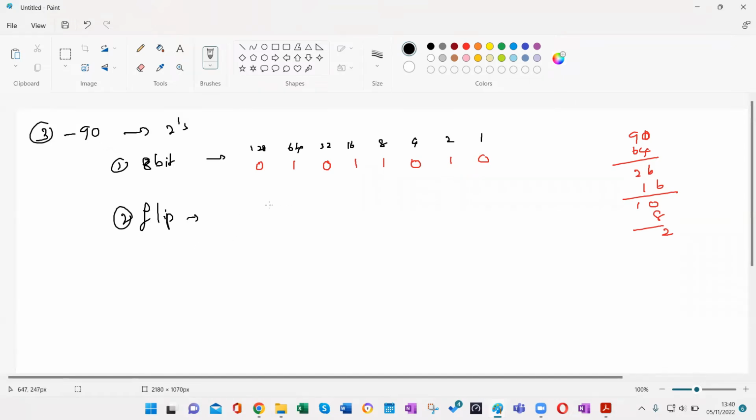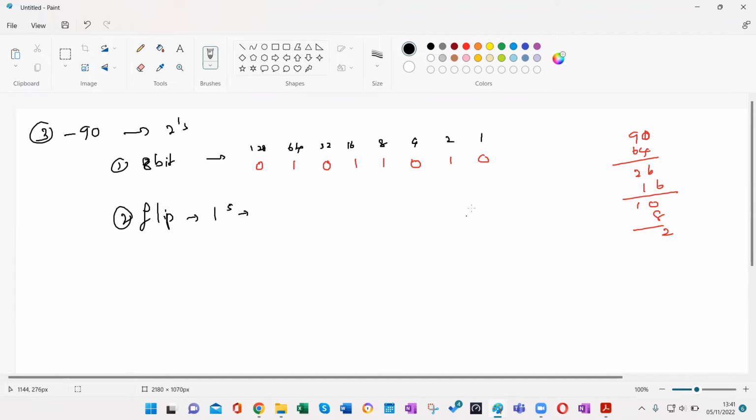After flipping the bits, what is the form that it is in? Anyone? This number after flipping is in which state? Is it a complement? One's complement, huh? It's in one's complement.